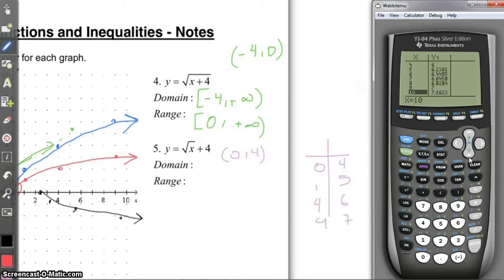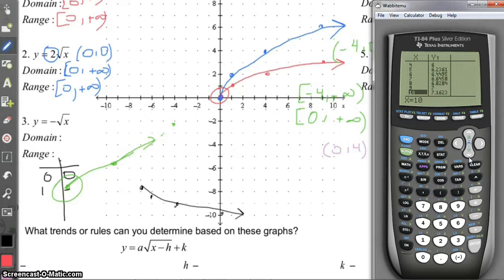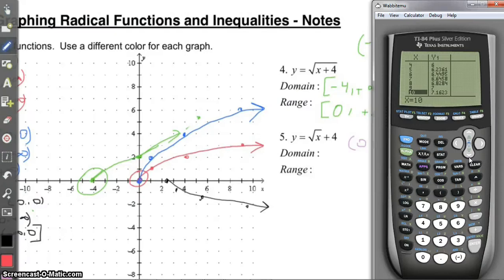Now let's use those points to graph it in purple. So it's going to be 0, 4. That's your endpoint. Then 1, 5. Then 4, 6.